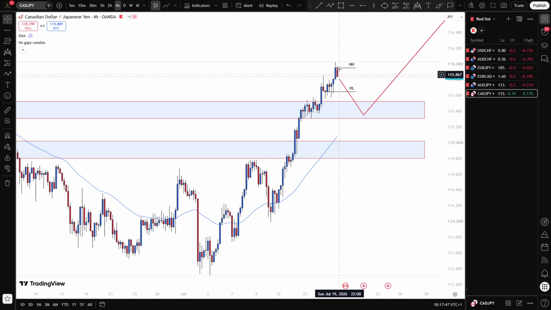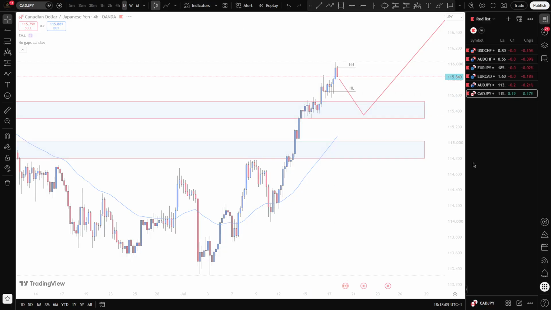So when the pullback is happening on the daily time frame, this time frame will then turn bearish. You see, a close below here to turn bearish.